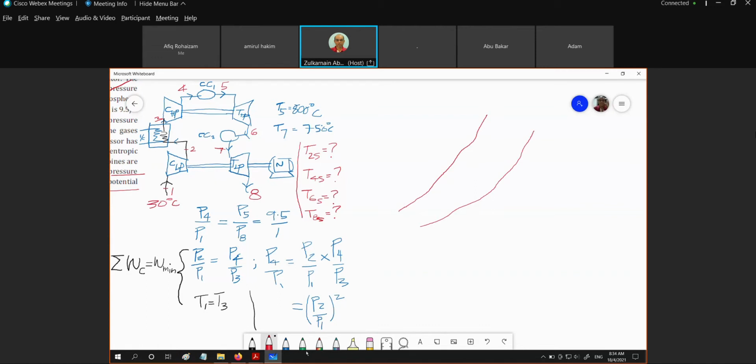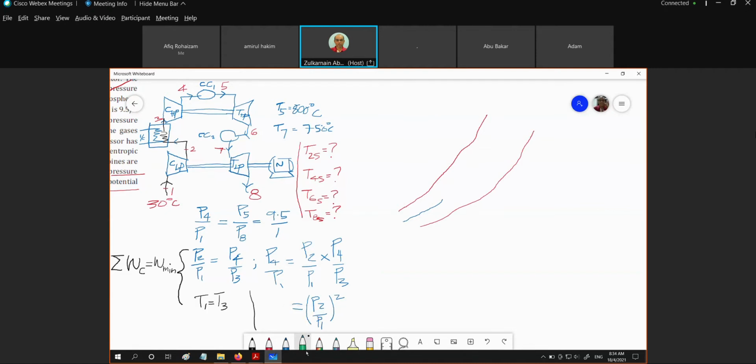In this question, there's nothing mentioned on these two intermediate pressures. Therefore, you are going to sketch separate pressure ratios. But the information you have is that for the compressor, the pressure ratios are the same.